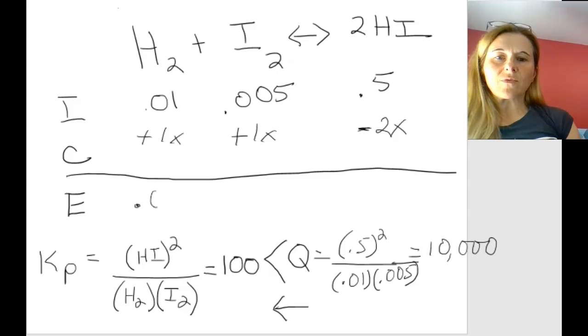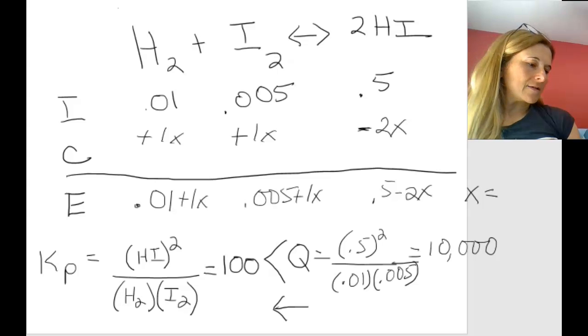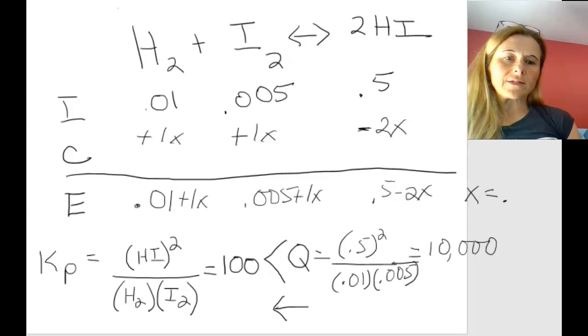So at equilibrium, we've got 0.01 plus 1x, and 0.005 plus 1x, and 0.5 minus 2x. And we're going to plug these numbers into this formula and solve for x. When we do that, we see that x equals 0.035.